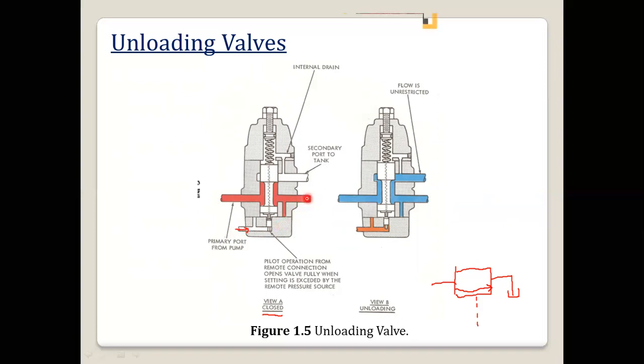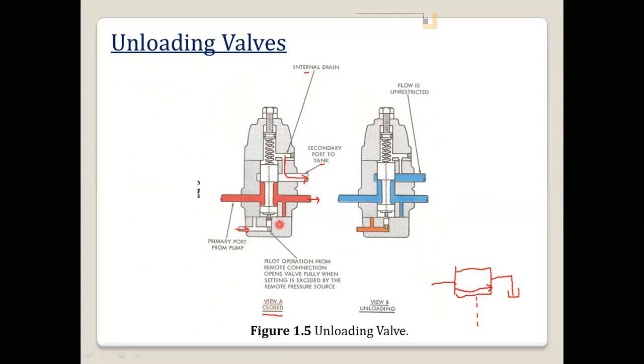Then this is the outlet of the unloading valve. Here is the secondary port to the tank. That is the internal drain, so from here only oil will go to the tank.